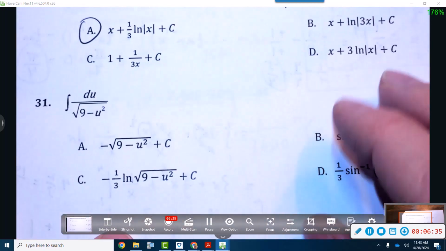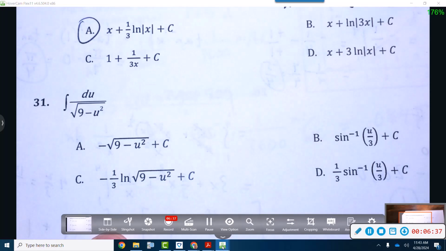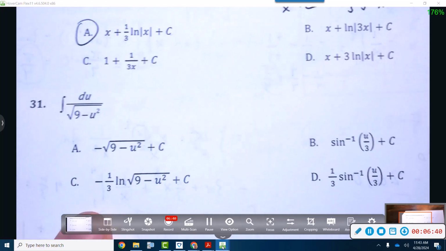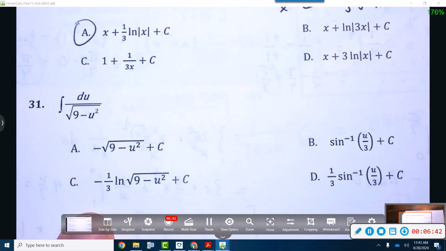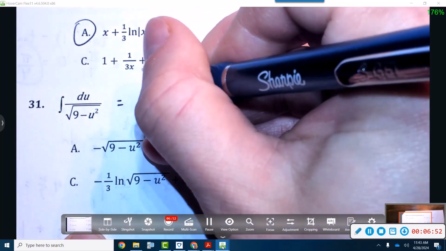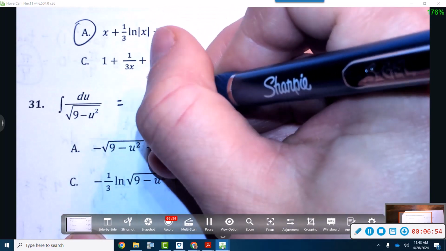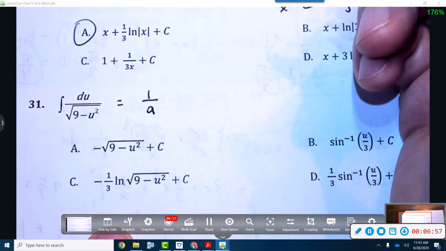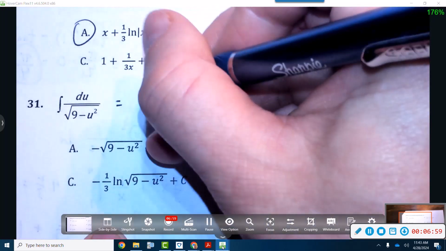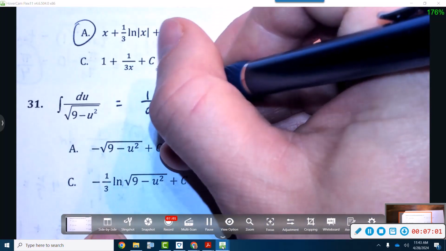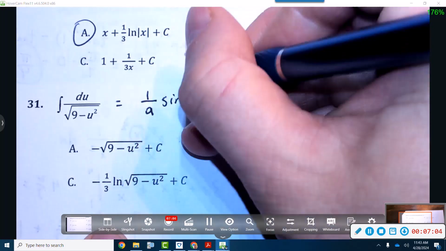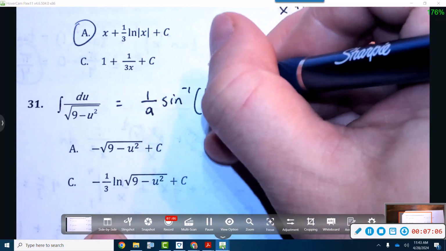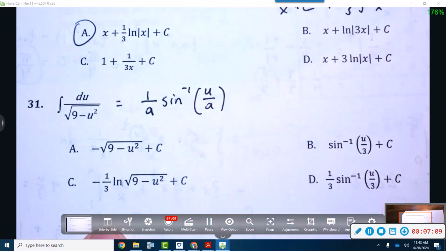All right, last one. This looks like an arc sine. So what we got to do is we got to follow the formula, but unfortunately I don't have it in front of me. Okay, I believe it's 1 over a. Or is it? Well, no, it's u over a, right? And then it's arc sine, and then it's u over a, right?